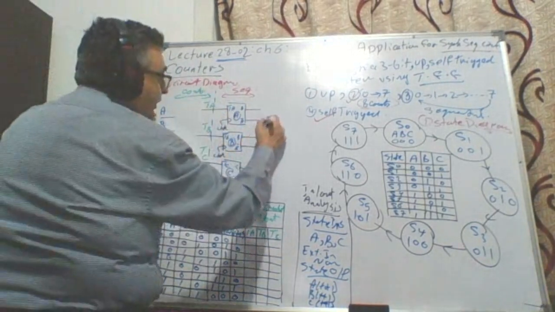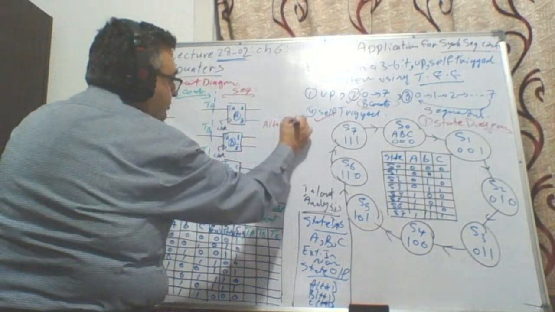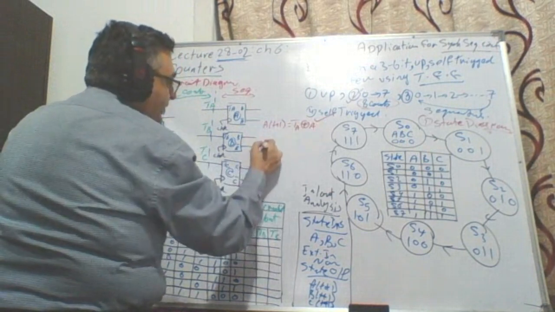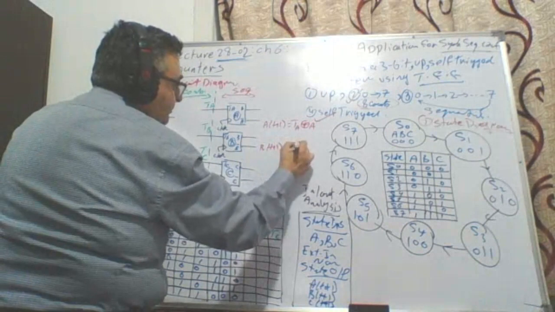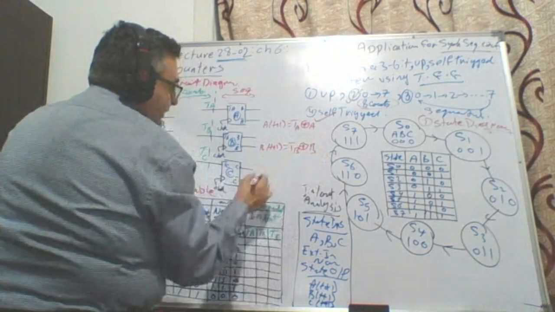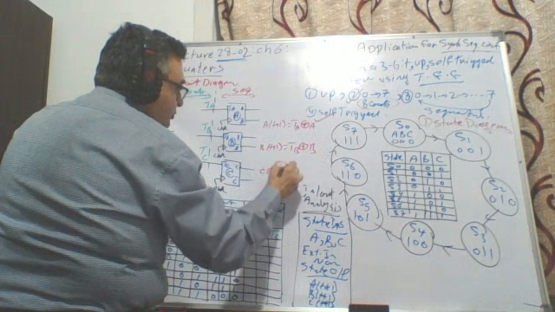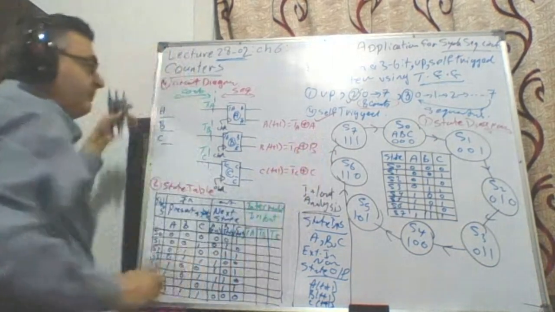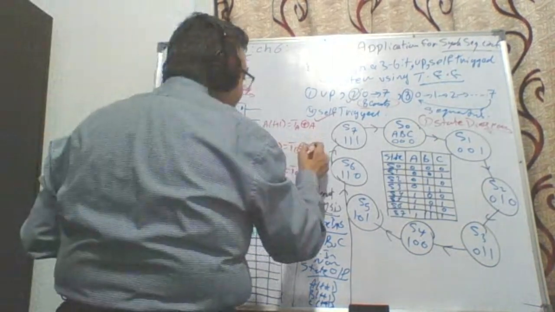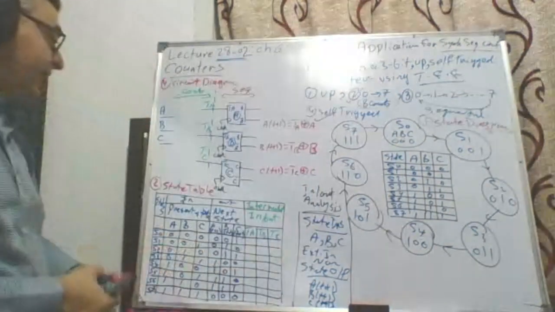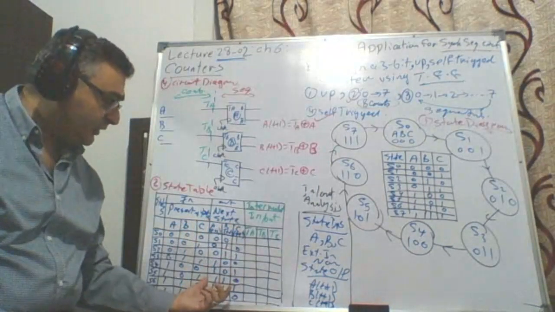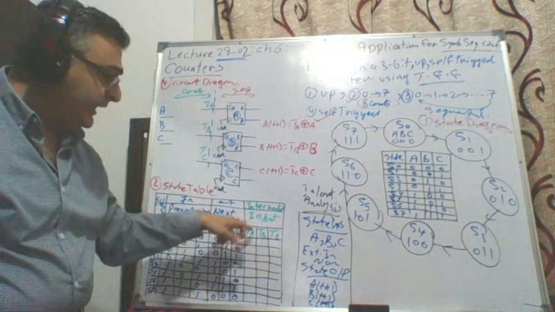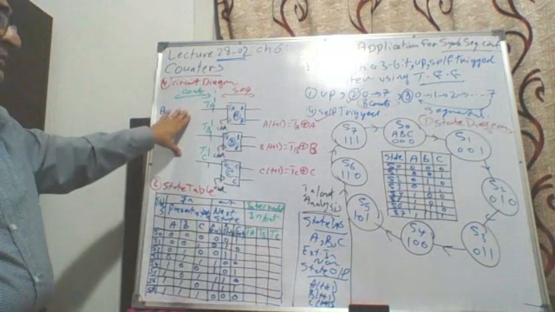From the characteristic equation, A of t plus 1 equals TA XORed with A. B of t plus 1 equals TB XORed with B. C of t plus 1 equals TC XORed with C. So I cannot build a direct relationship between what I have, which is A of t plus 1, B of t plus 1, C of t plus 1, and the inputs. Actually, I wanted to derive those. If I have TA, TB, TC, that means I can design this.